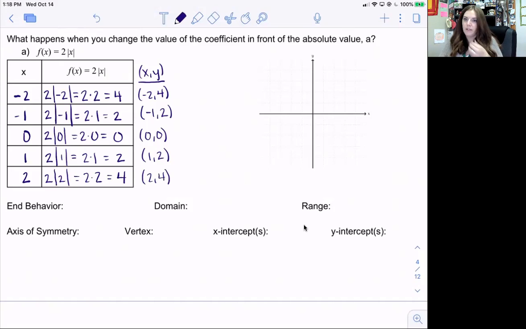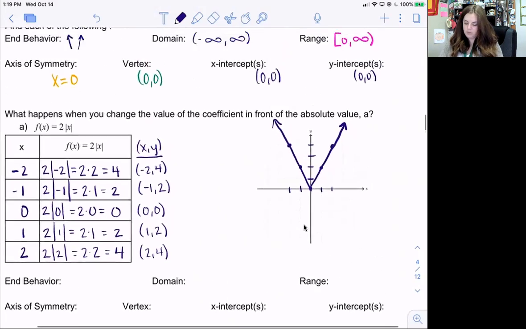All right, so if we graph this, we have -2, 4, -1, 2, 0, 0, 1, 2, and 2, 4. I'm going to go ahead and connect our points to make our V-shaped graph.